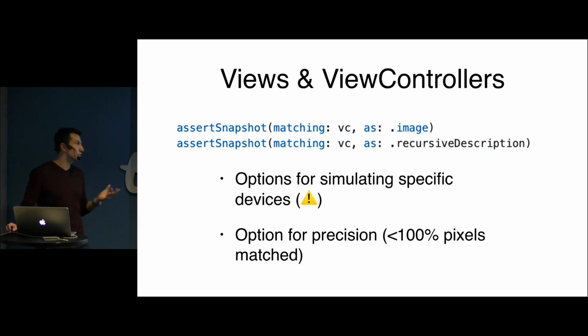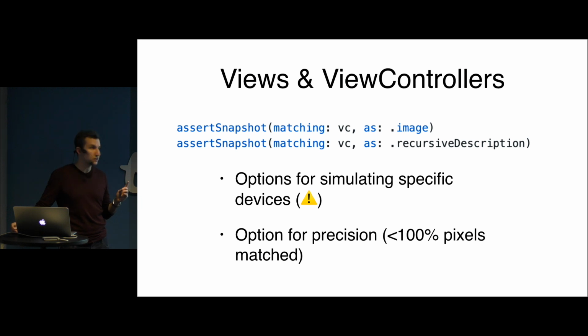So for instance, for a view controller, you can take a snapshot of an image. So it's going to render it in UIKit and take an image of that. Or you can also snapshot the recursive description of the view controller. That way, you're going to get back the view hierarchy and all the properties on different views. I'm going to show all of this in a demo later.